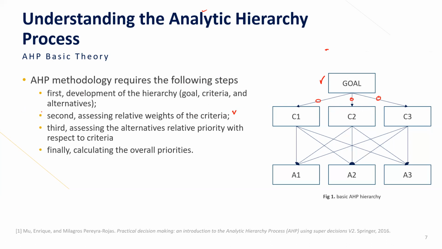Okay, so after you assess this weight, let's say you want this criteria to be more important, this one less important, and this one the least important. Those are the assessing of the weight. And then you can move to assessing the alternatives, or the solutions, with respect to these criteria.